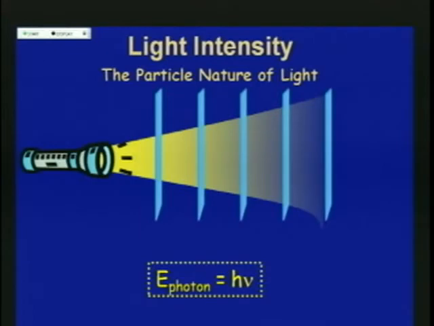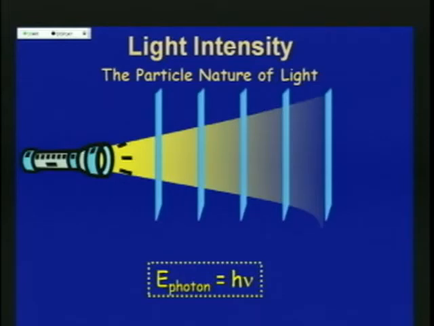G.N. Lewis. You know where G.N. Lewis was a professor? Right here in Berkeley. Now, as it turns out, the paper in which he coined the term photon was all wrong, but the name stuck. I think it was 1926 when Lewis coined the term photon.